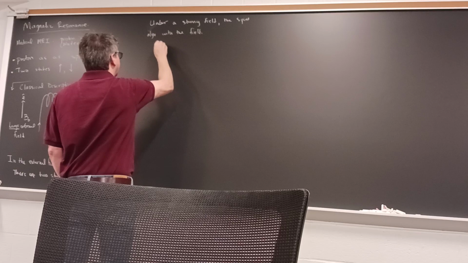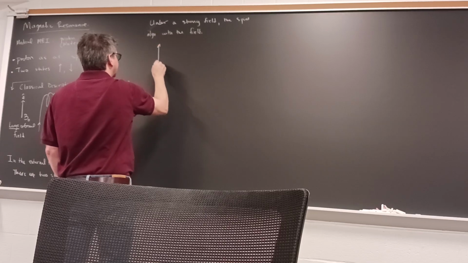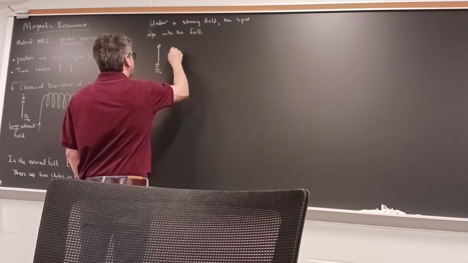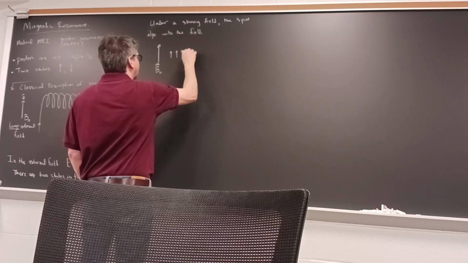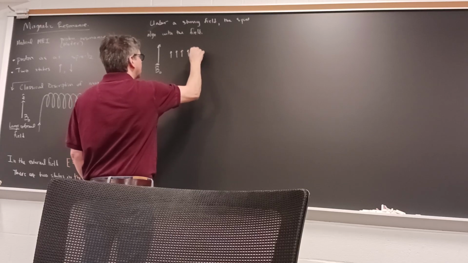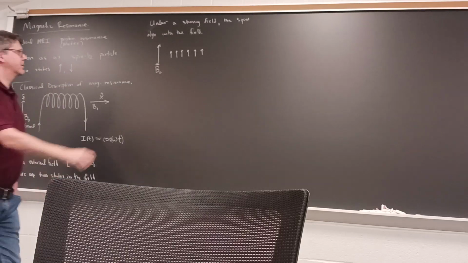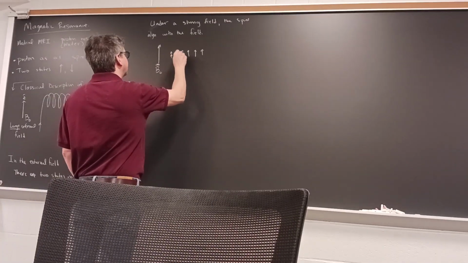So let's say we have this B0 field here, which is really strong, then if we have a number of protons, they'll align with the field. Okay, so these are just individual spins.